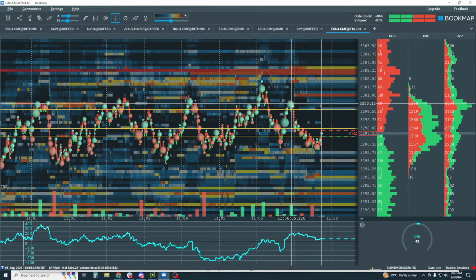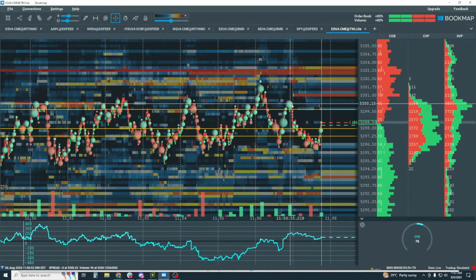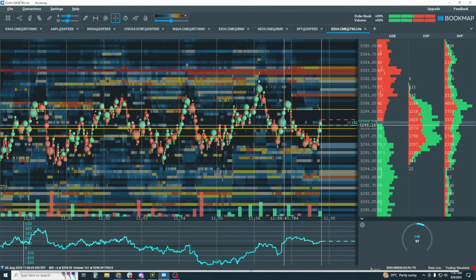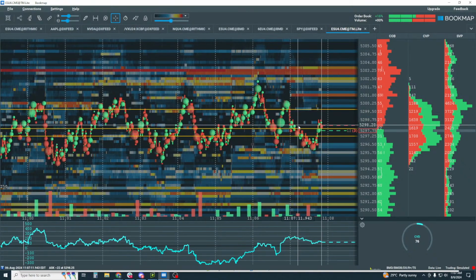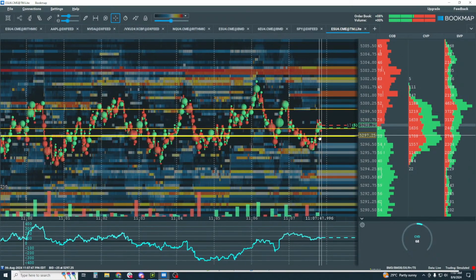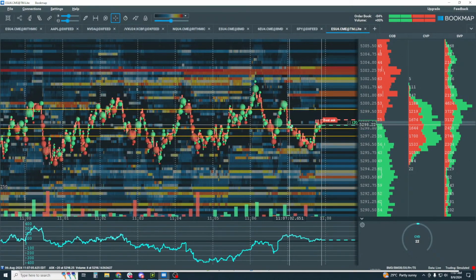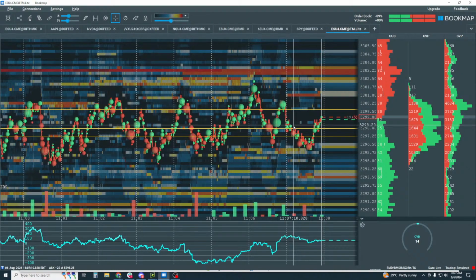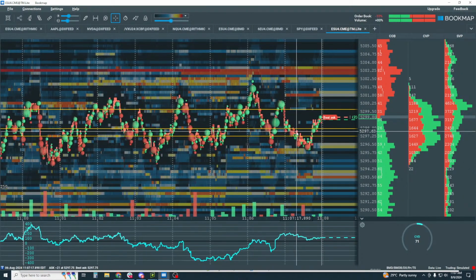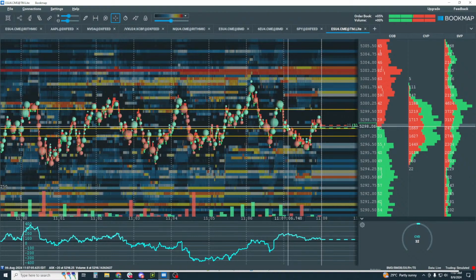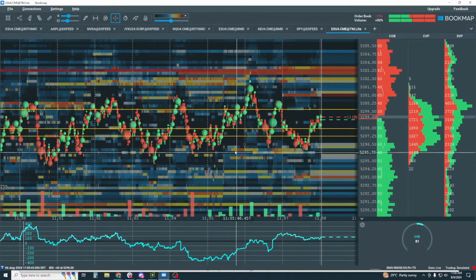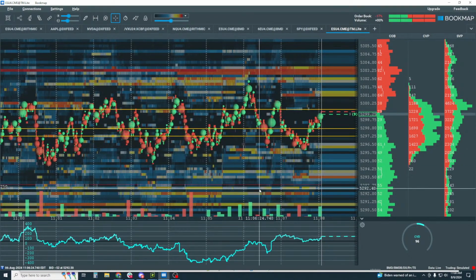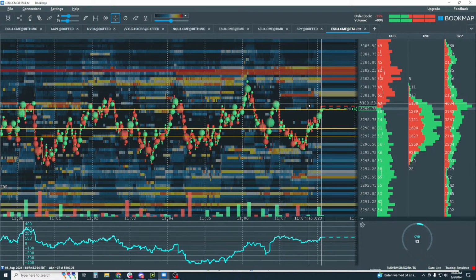This looks really good to me still, and yet they were still unable to. So these are your inside out moves, and then we're looking for continuation. Your inside out moves are around that high volume node, but you're looking for the volume to take it to the bottom of the range, and then maybe through it, and then the continuation move.